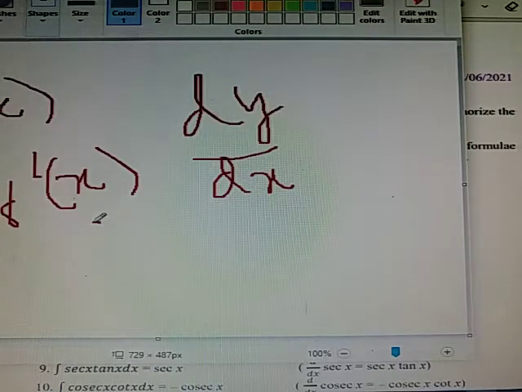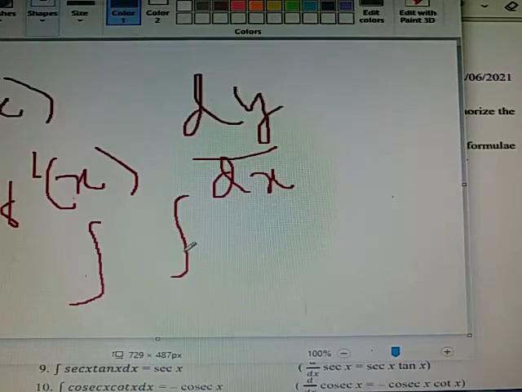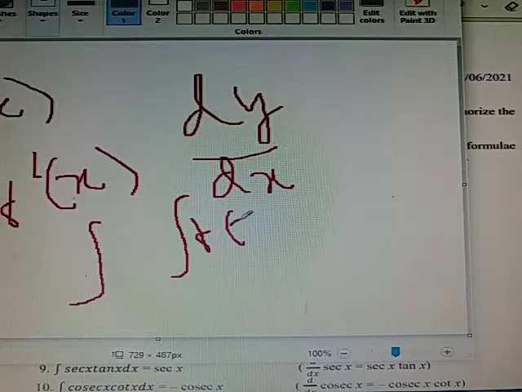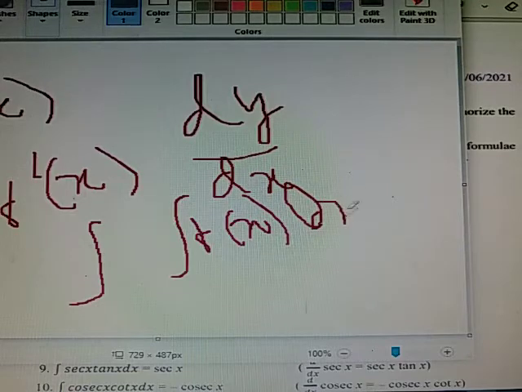Integration means actually it is a sum. This is the symbol of integration, and somebody says it is an elongated S. S means sum. We will integrate some function, say f x dx, or if we are integrating y, then integration of dy.